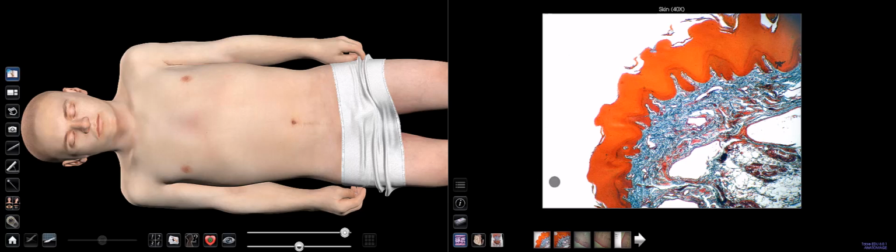The orange part there is the outer layer of the skin, the epidermis, and it is stratified squamous epithelial. Remember, there's 4 tissue types: epithelial, connective, muscle, and nervous. And epithelial always lines hollow organs and tubes.